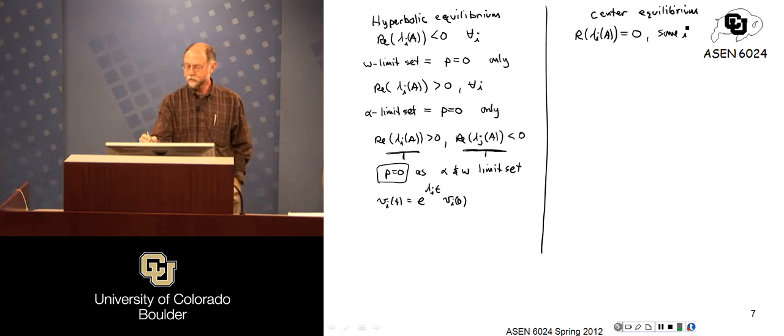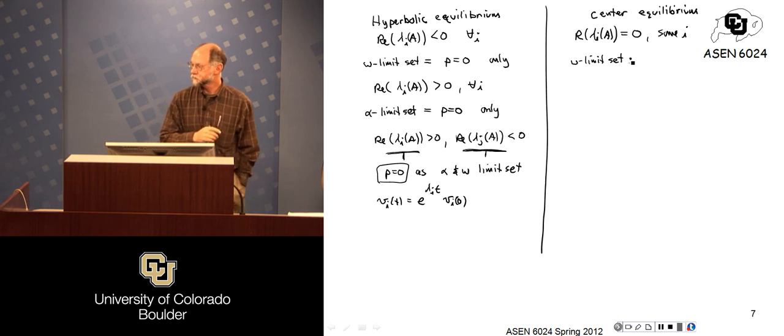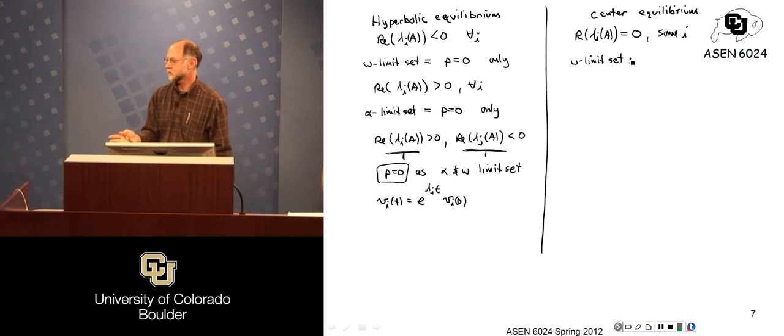Not all of them necessarily, but if there's one of them that has a 0 real part, what is the omega limit set? So what do the solutions look like?